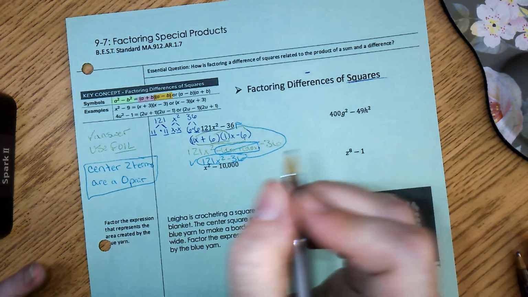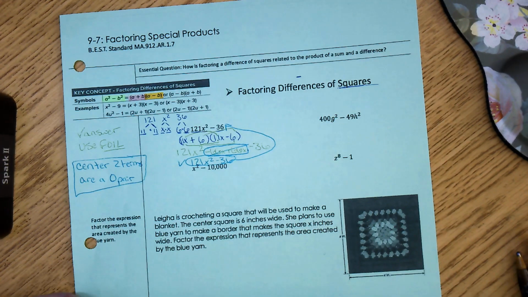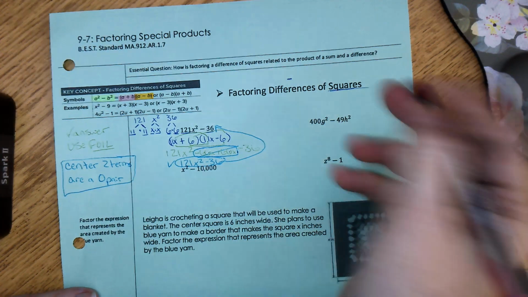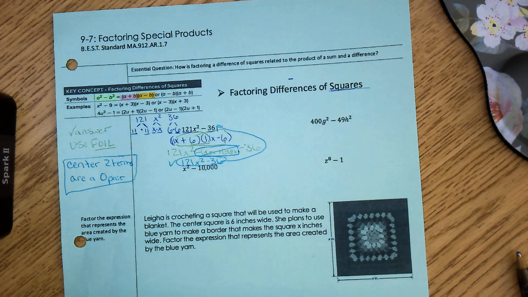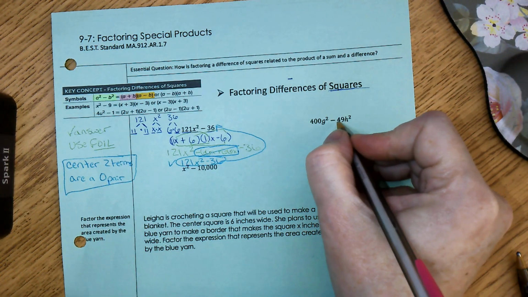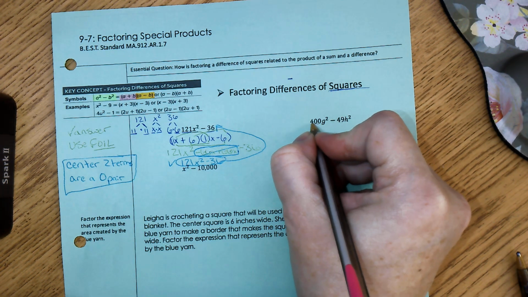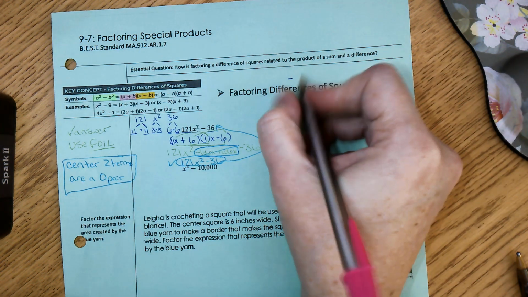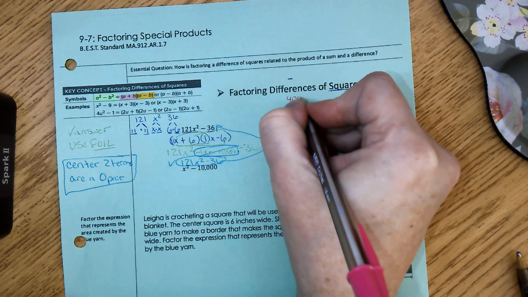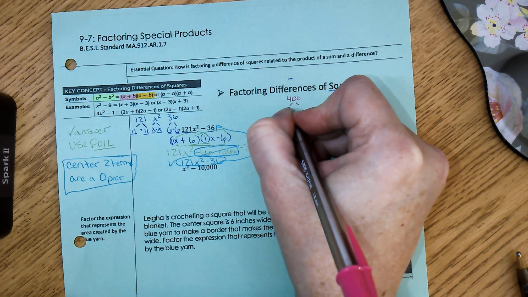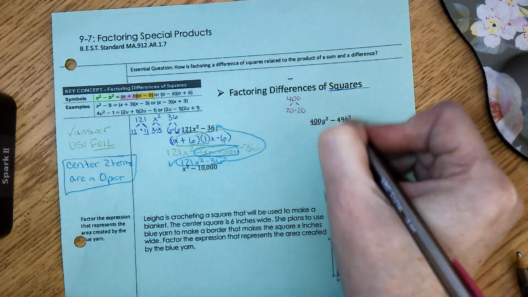Okay, so let's practice that again. So 400g squared minus 49h squared. Well, we can break these perfect squares up. 400 breaks up into 20 times 20.